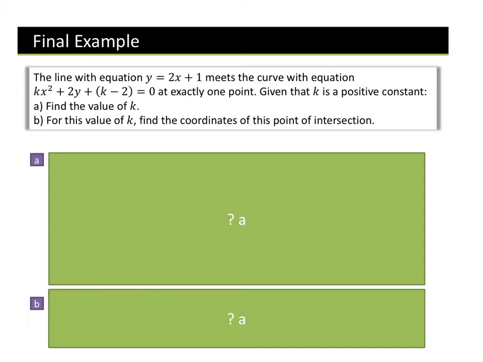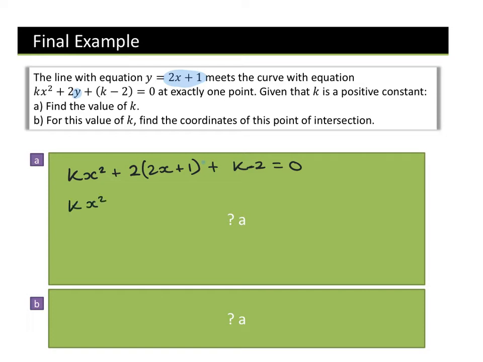Okay, so we can use substitution, and instead of using y, we can substitute in 2x plus 1. So we're going to have kx squared plus 2 lots of 2x plus 1 plus k minus 2 equals 0.